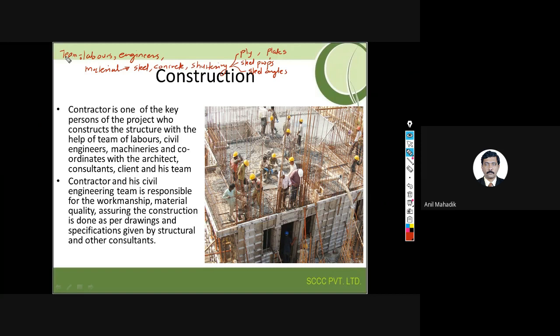Machineries, equipments. Yes, machinery or equipments, or we can say tools, small tools. Machinery is like concrete mixers, RMC mixers, vibrators.